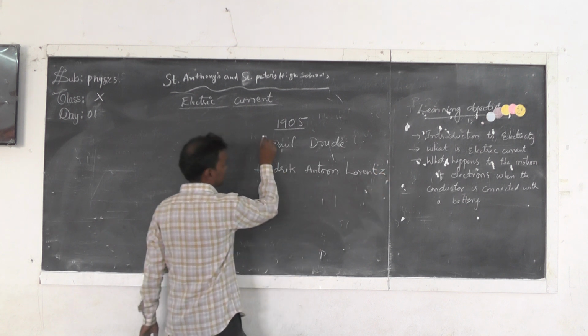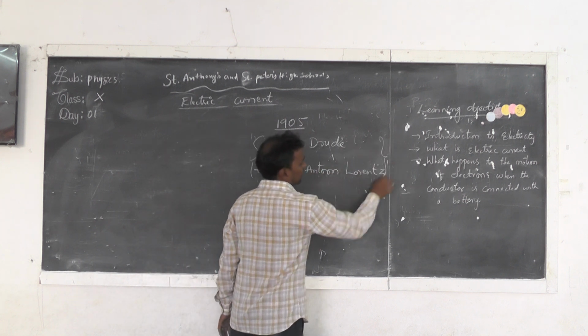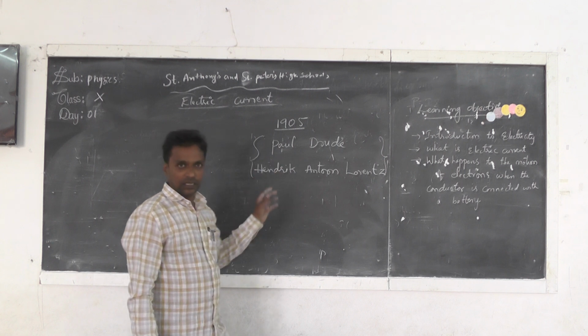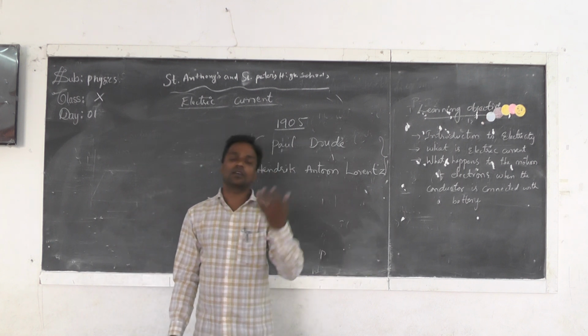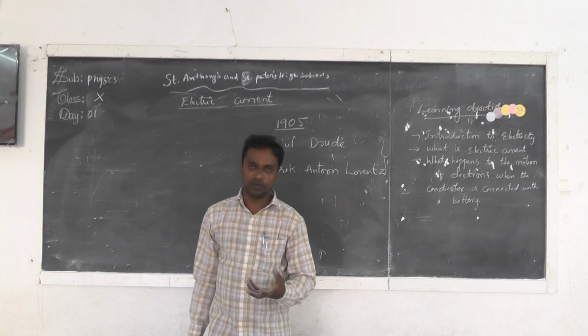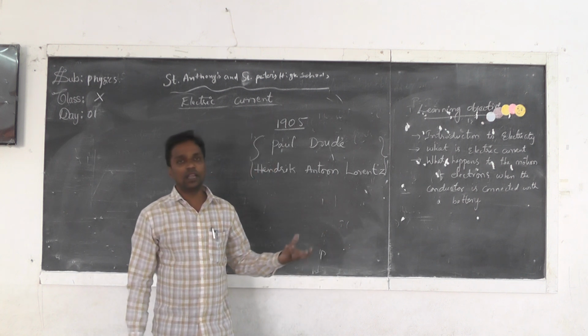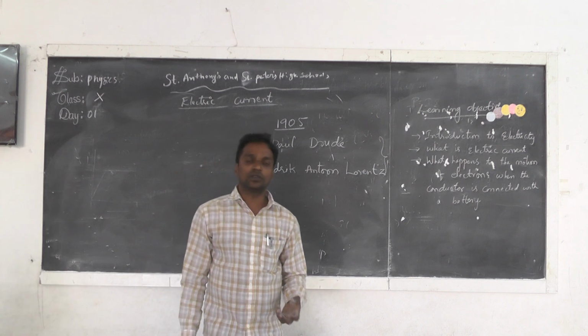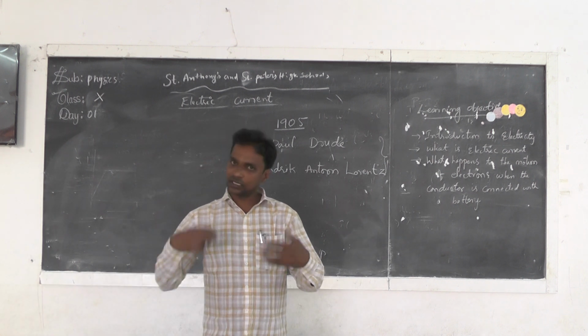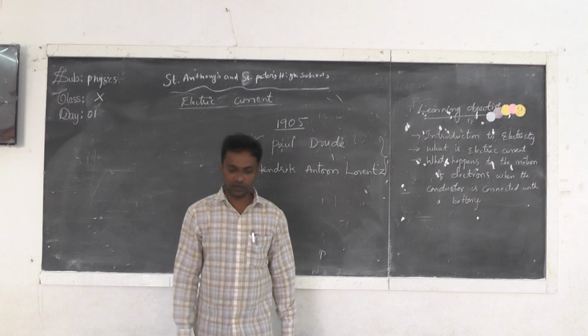These two scientists gave the concepts of this particular behavior of conductors, how the current flows, and how it is abstracted with the help of a diagrammatic system. That will be discussed in the next class. With this, we will conclude. Thank you.